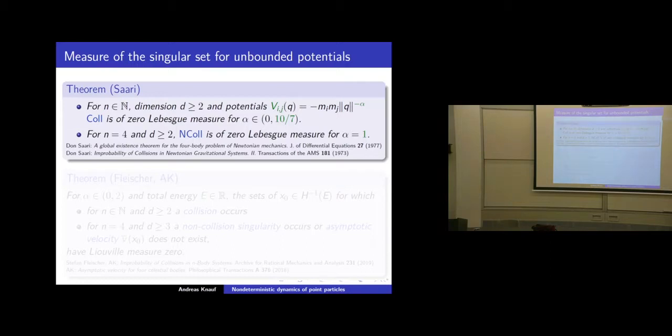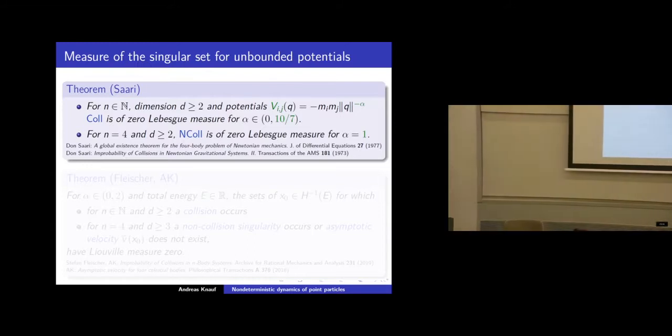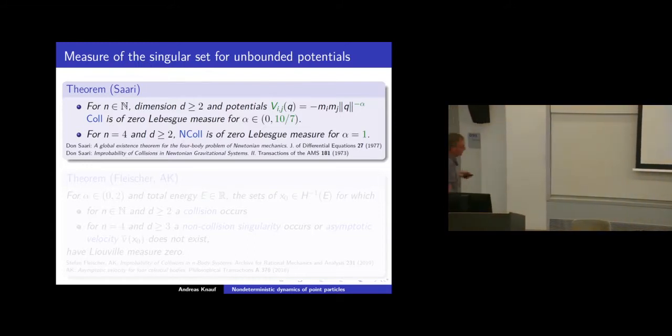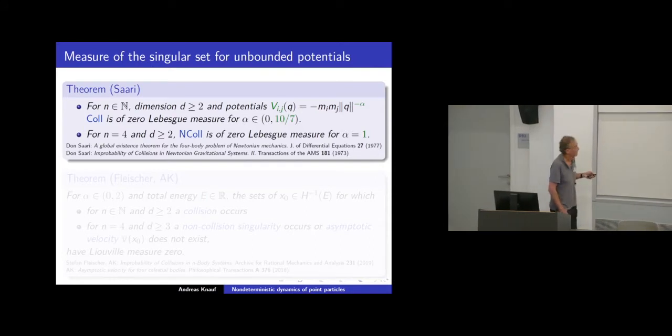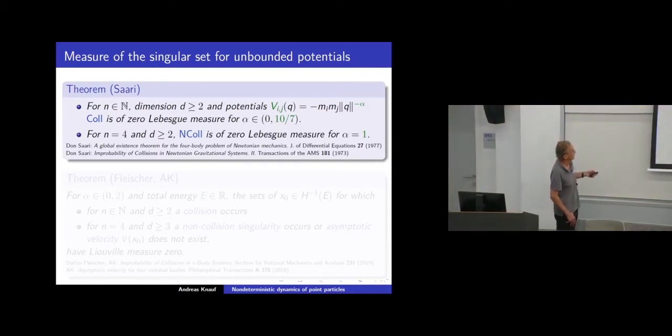So not exactly going to 2, so that settled more, at least for celestial mechanics, the problem, because then alpha is equal to 1.